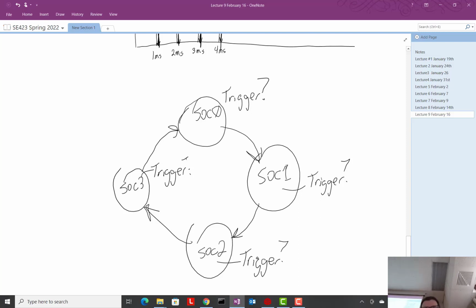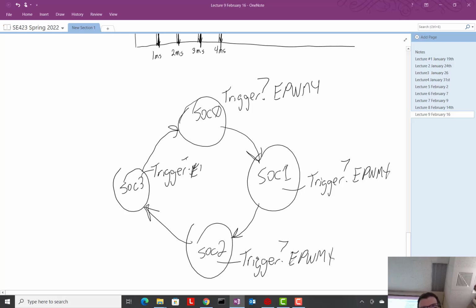In the homework and in the lab, our trigger is going to be EPWM4. When its counter register equals the period register, that's a certain amount of time, boom, that will trigger that SOC. And we're going to have that trigger be the same for all of them: EPWM4, the timing.